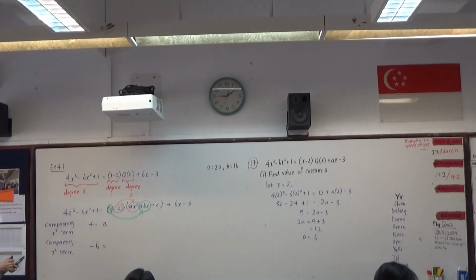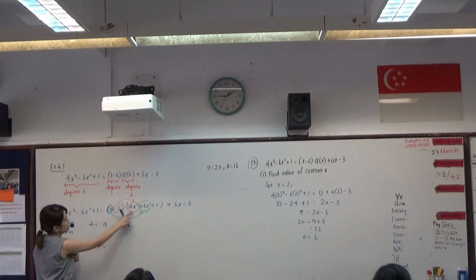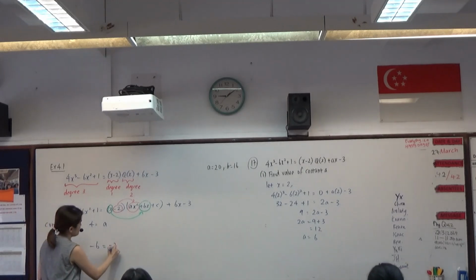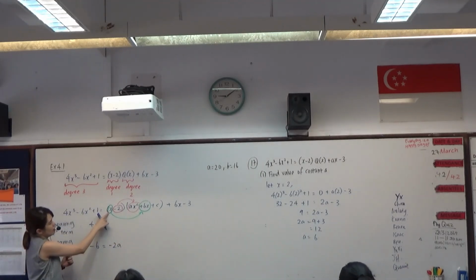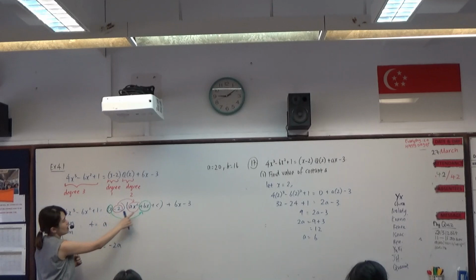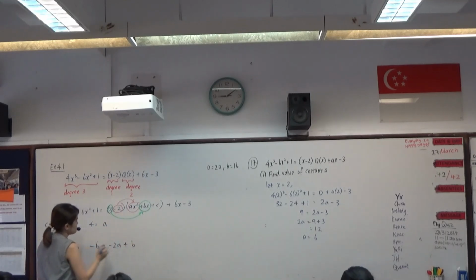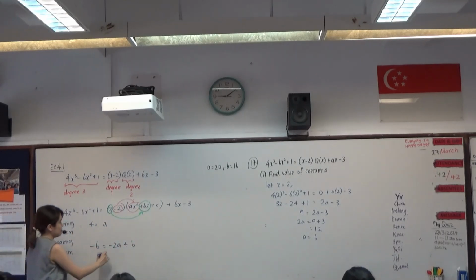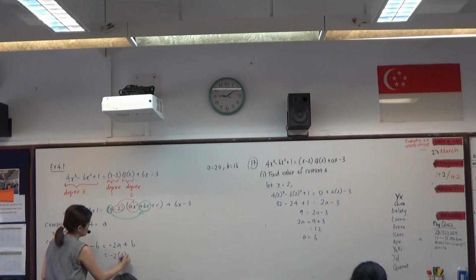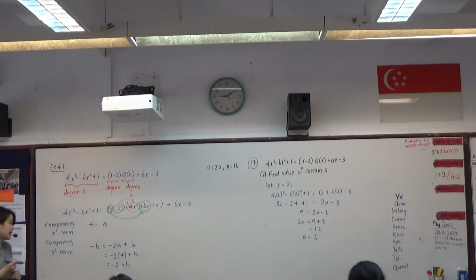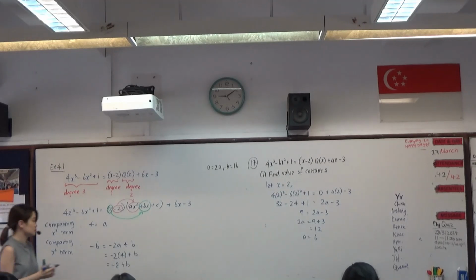So therefore, negative 2 times a, you get negative 2a. Then after that, down here the coefficient is 1 times b, so you just get b. Since we already found the value of a, we find that b will be equal to 2.